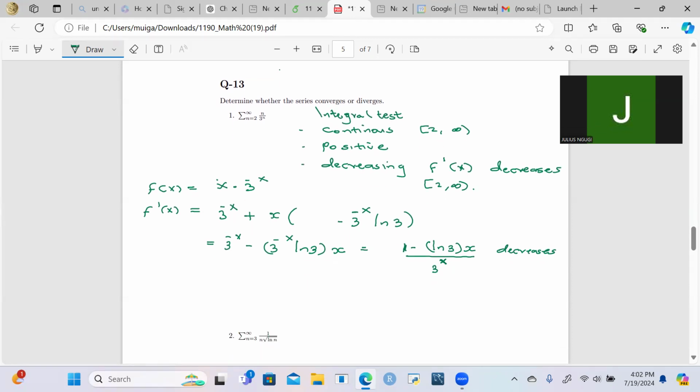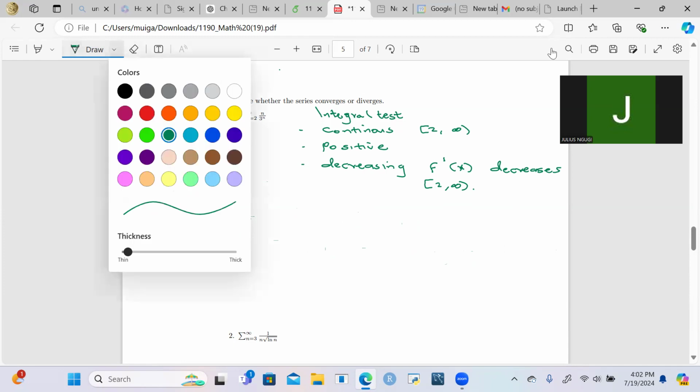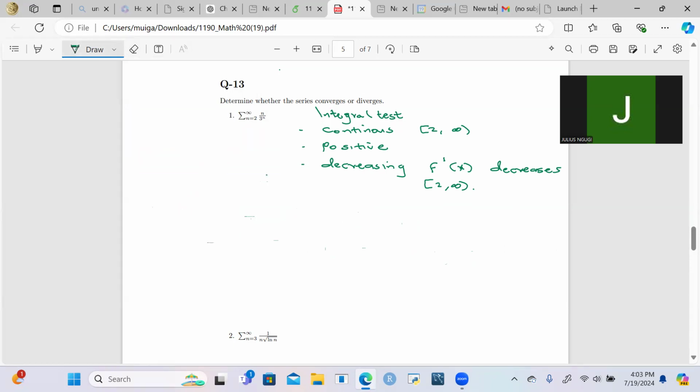So with that being said, I can clear this space to show that it decreases. And let's now do the integral.